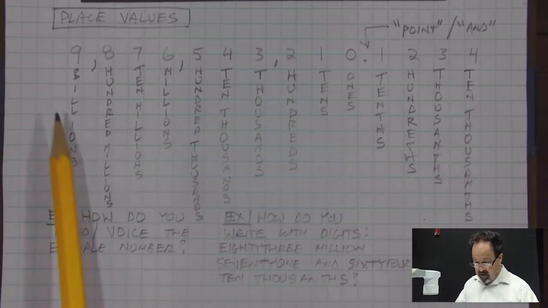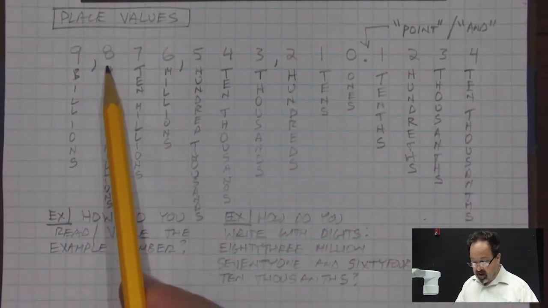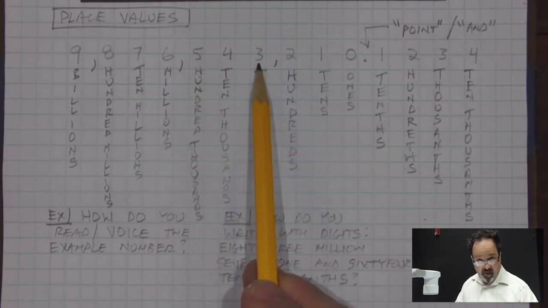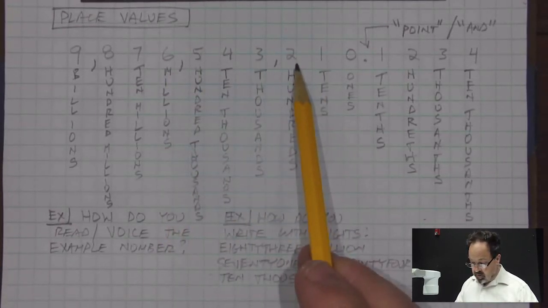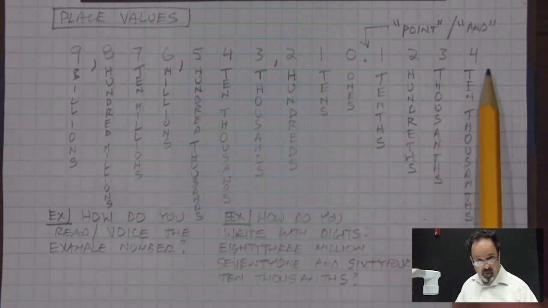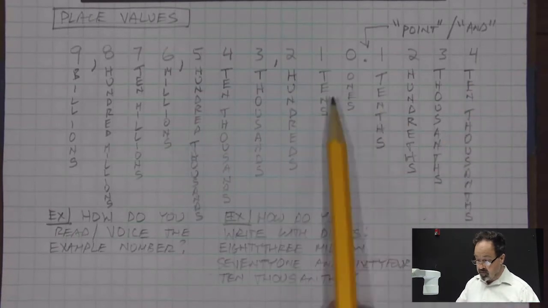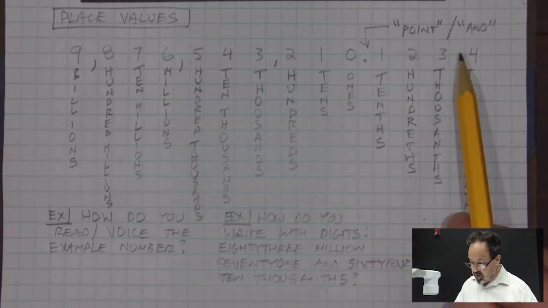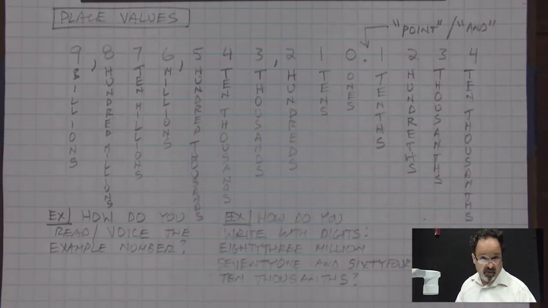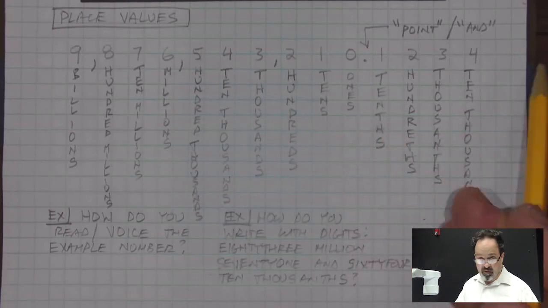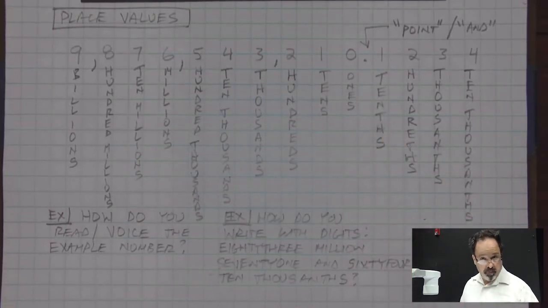This is 9,876,543,210.1234. Now, when I got to the point, I also could have said 1,234 ten-thousandths. My preference is to list the digits individually after the decimal.